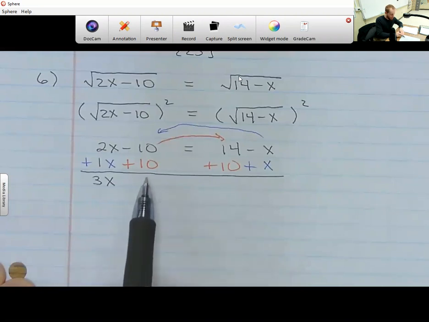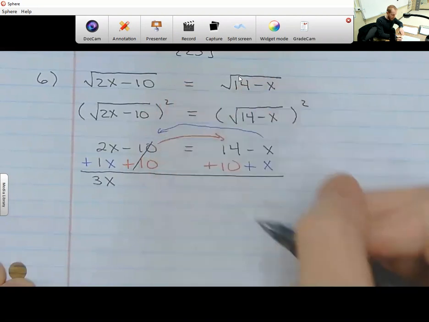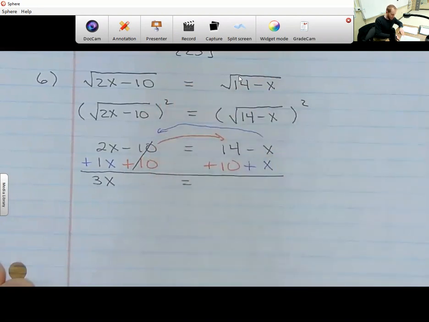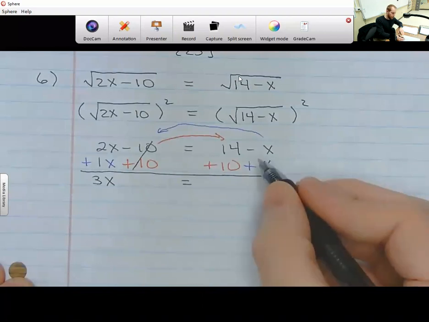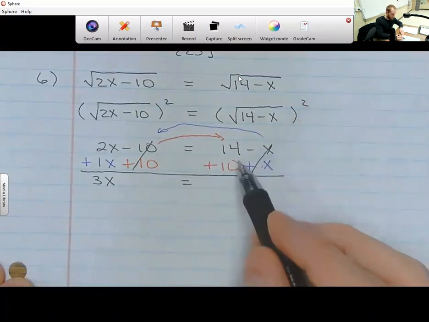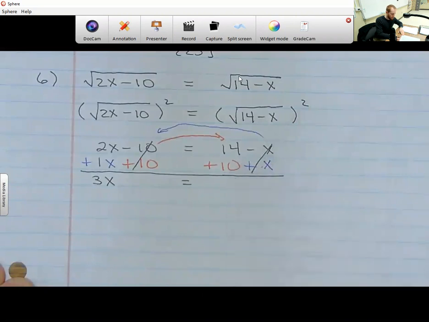Right here, the negative 10 and the positive 10 are going to cancel each other out, so these don't really matter. I bring down my equal sign. Now over here on the right side, what else is going to cancel out? Well, the negative x and the positive x, right? Those are going to cancel. And then 14 plus 10 is going to give me 24.